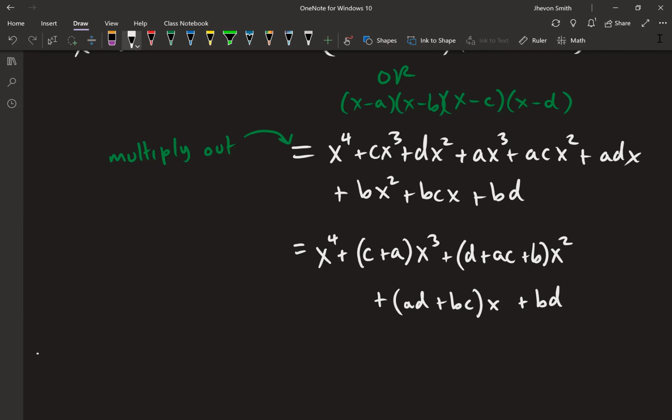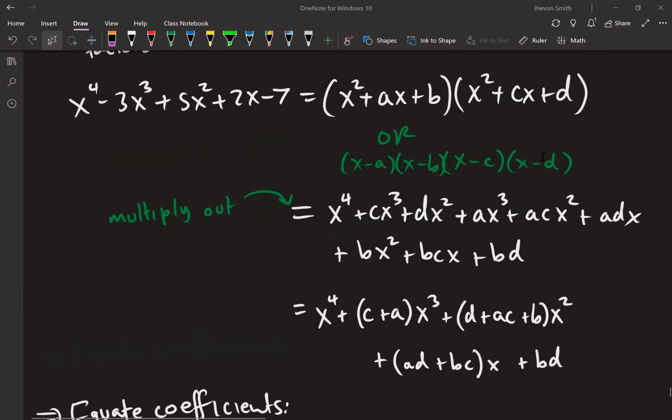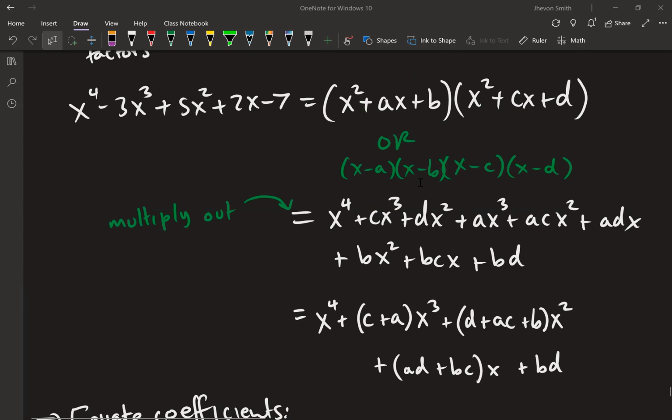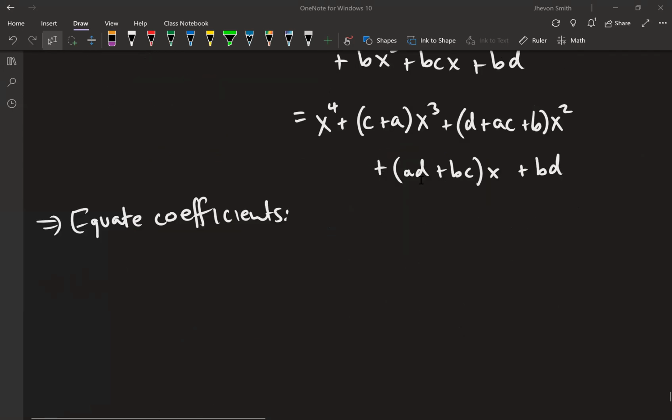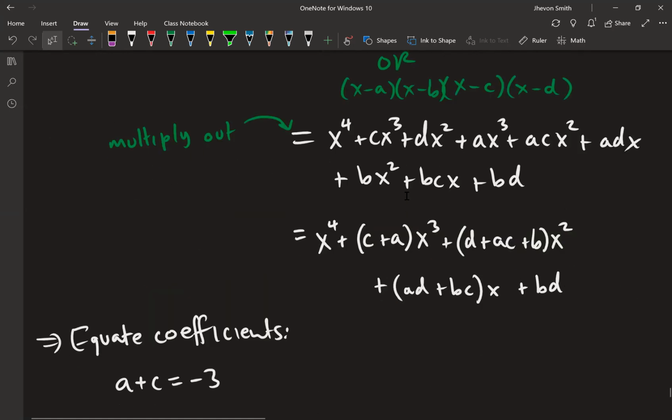And so now what you can do is you can equate coefficients. So I can just match up the coefficients on the left and on the right. And so basically I would get a plus c must be minus 3. Then for the square term, it should be 5.